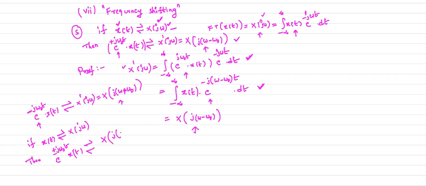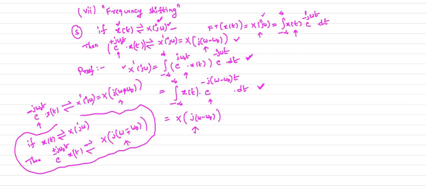If it is plus, here you get minus. If it is minus, here you get plus. That is how the shifting operation works in the frequency domain. First I considered e^(j omega naught t) into x(t), later e^(minus j omega naught t) into x(t), and then I generalized the shifting operation.